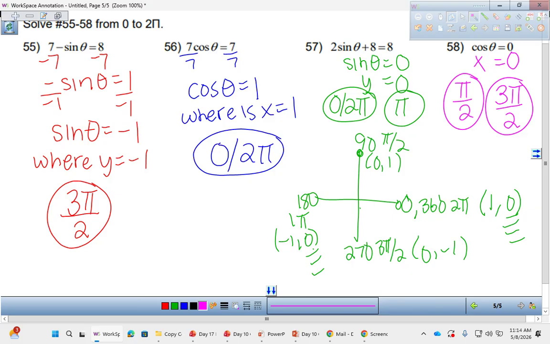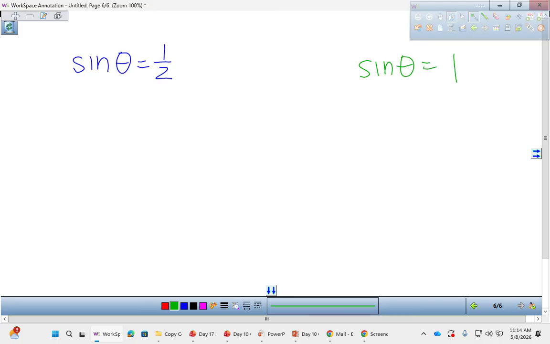Alright, so what I need, just a summary of the end of the week here, is I need you to know the difference between solving that problem and solving that problem. So when the number on the right-hand side is one of the numbers that are in quadrant 1, then you have to do a series of things. So what I would do with this one, just a summary from what we did yesterday and today, I would say, okay, well that's positive.